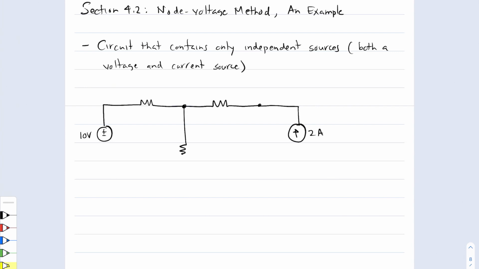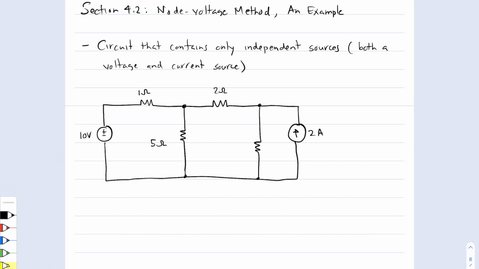Down this branch, we have another resistor. And down this branch, we have yet another resistor. And then the circuit is complete, like this. This is a 1 ohm resistor, a 2 ohm resistor, a 5 ohm resistor, and lastly, this is a 10 ohm resistor, like this.